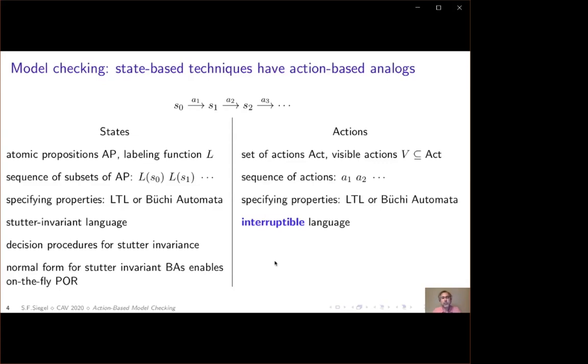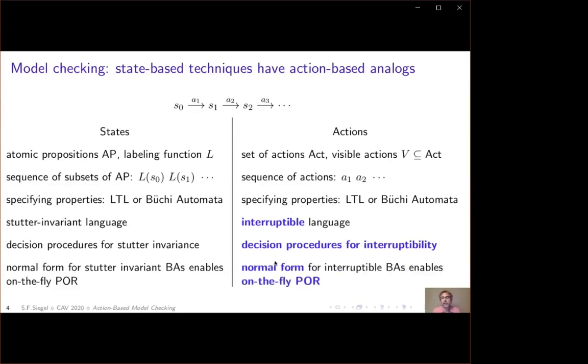The analog to a stutter invariant language is what we call an interruptible language, which we'll define shortly. We'll also show that there are decision procedures to determine whether an LTL formula or BA is interruptible. And we'll show that there's a normal form for interruptible BAs, which is different from the normal form in the state-based case, but which plays the same role in partial order reduction.